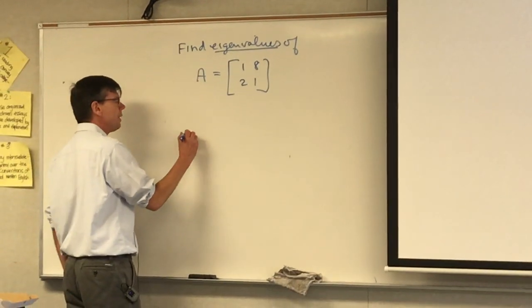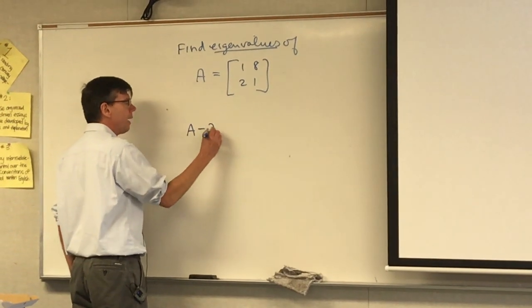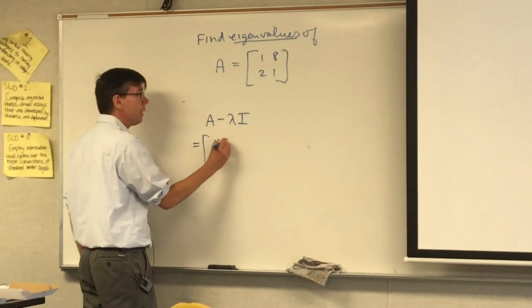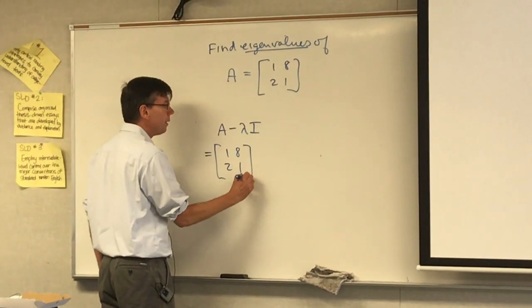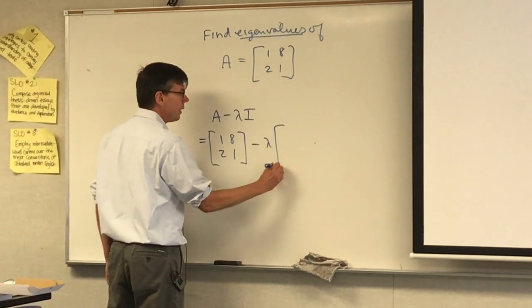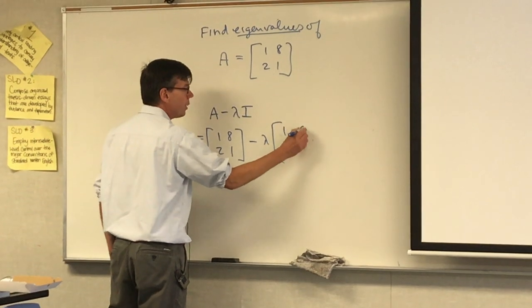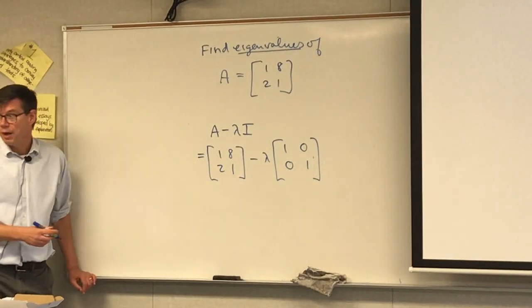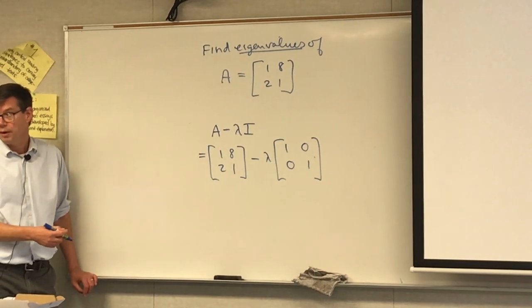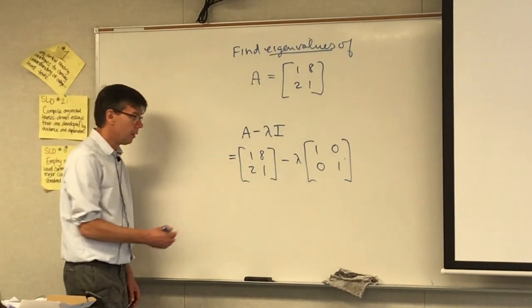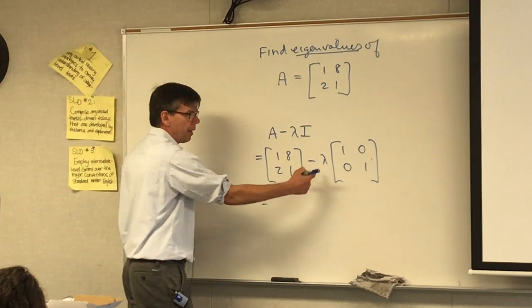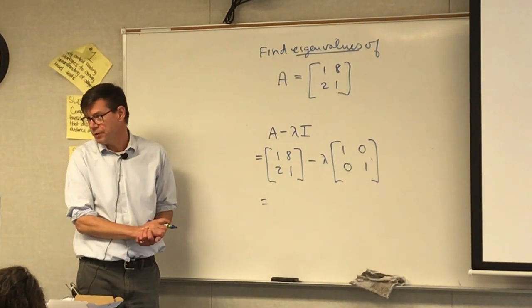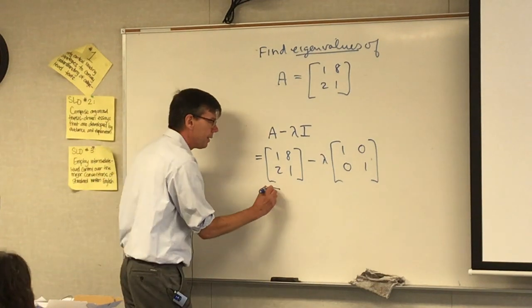So A minus lambda I is [[1, 8], [2, 1]] minus lambda times the identity matrix [[1, 0], [0, 1]]. This would generalize to 3 by 3 or larger dimension. I'm writing lambda because I don't know what the eigenvalues are yet, I'm going to try to find them.